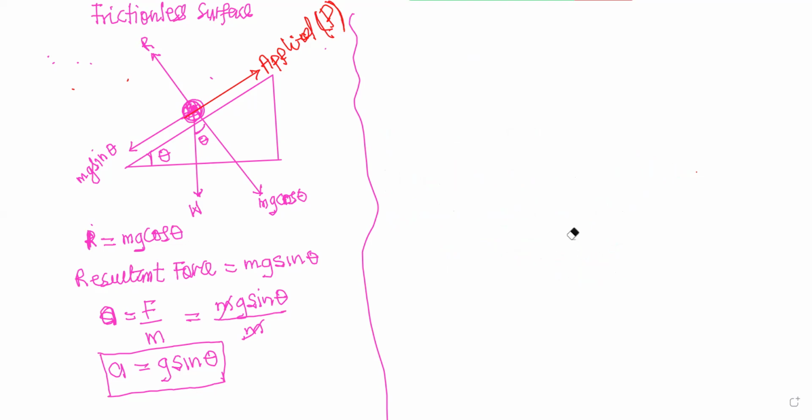Our first question requires that we calculate the reaction force perpendicular to the plane. And we know the reaction is always balanced by the component of the weight which is perpendicular to the inclined plane, mg cos theta. So this is what will help us calculate the reaction.